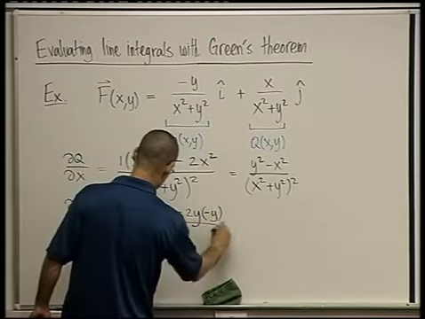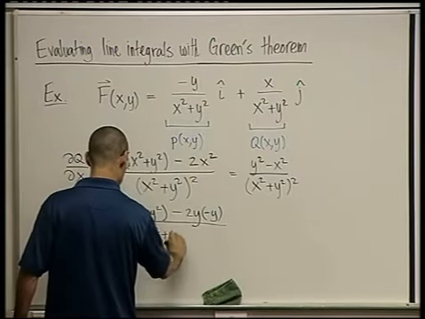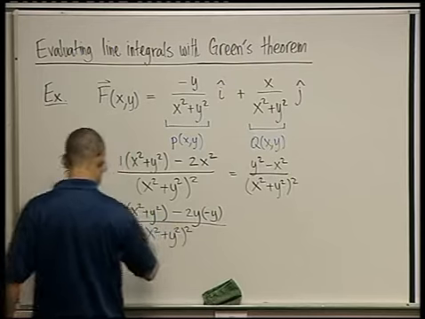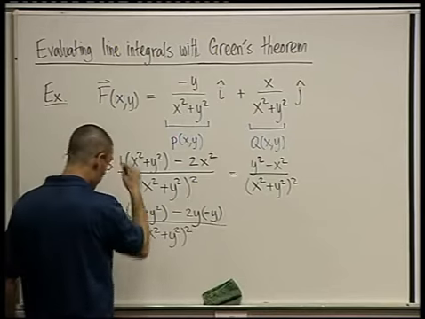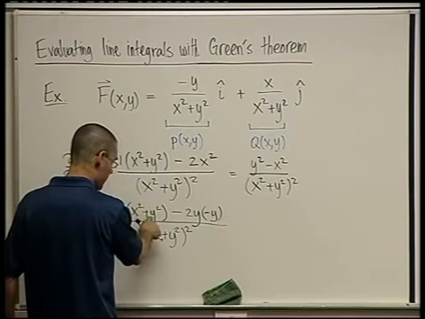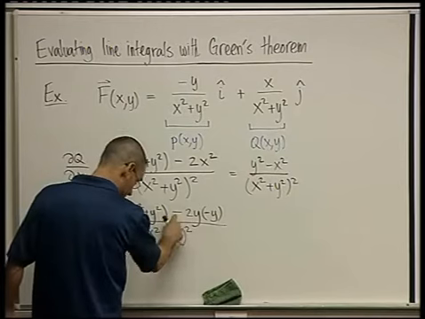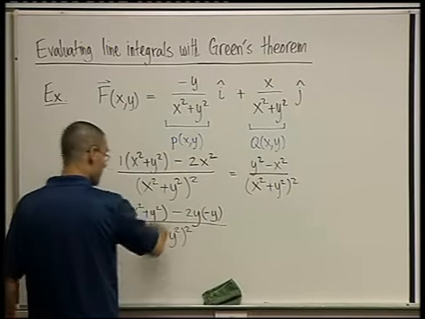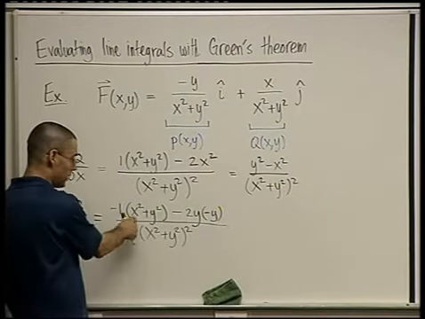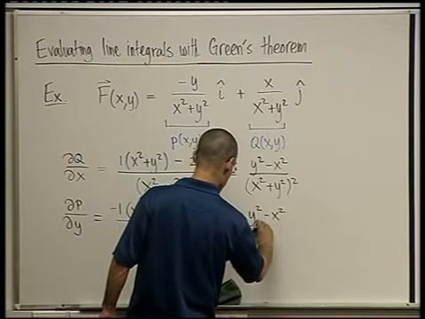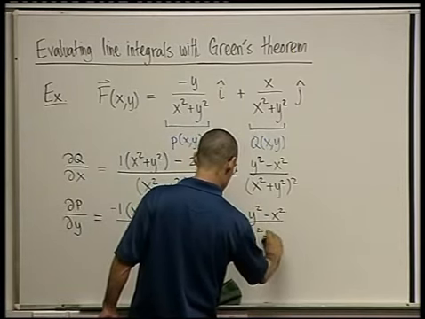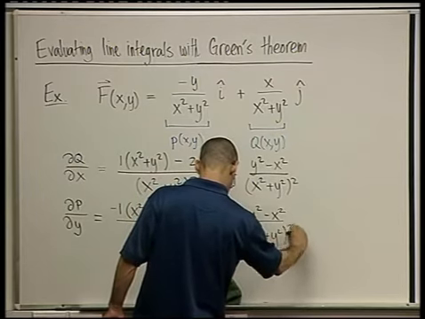All of this divided by x squared plus y squared, squared. Everybody following? So what do we have here? We have minus y squared plus 2y squared, which makes it a plus y squared, minus this x squared. So we get y squared minus x squared divided by x squared plus y squared, squared.